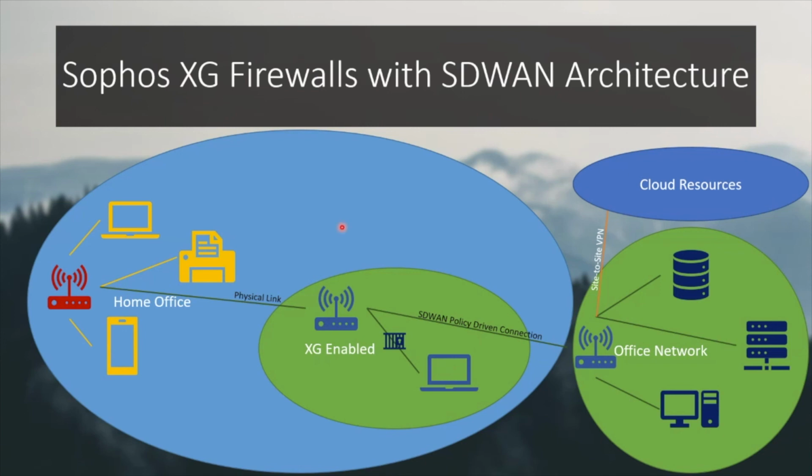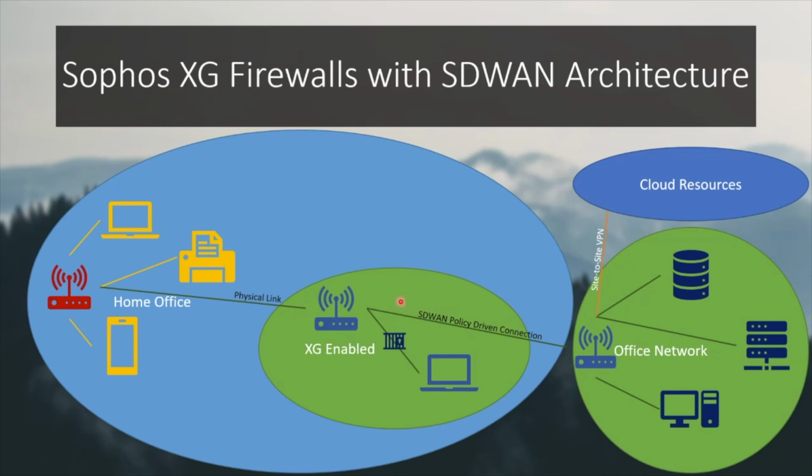What the XG86 allows us to do is put the Sophos gateway into the end user's home, and then you have a physical uplink to the existing gateway. That physical link is simply a connection to the internet.